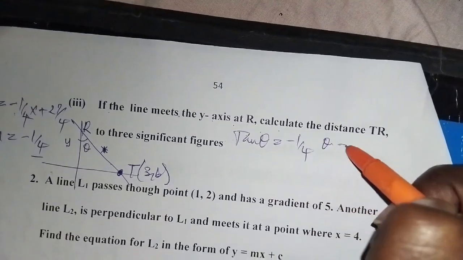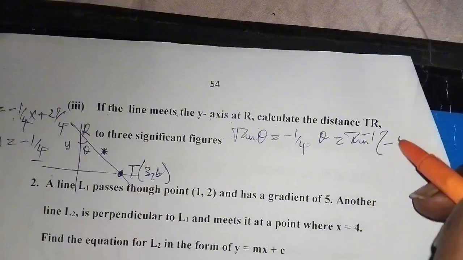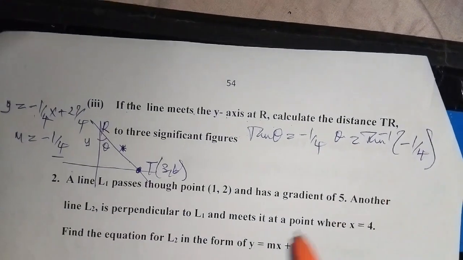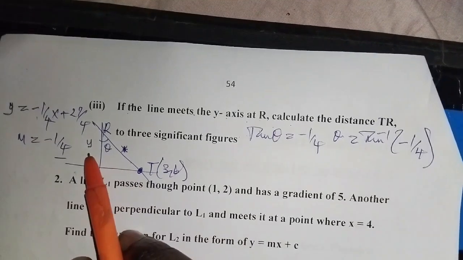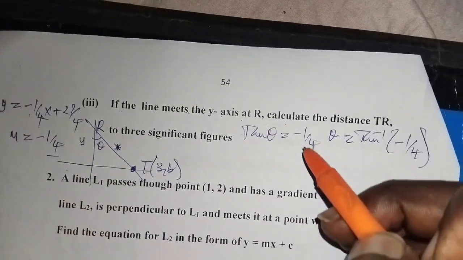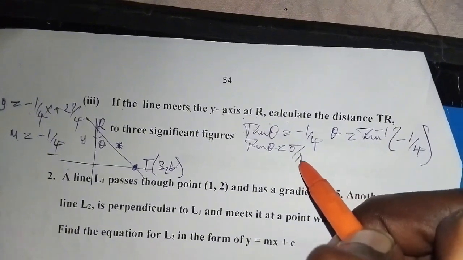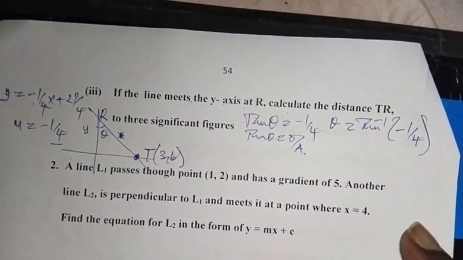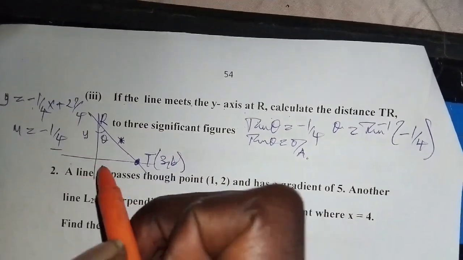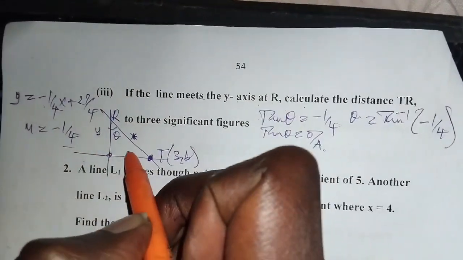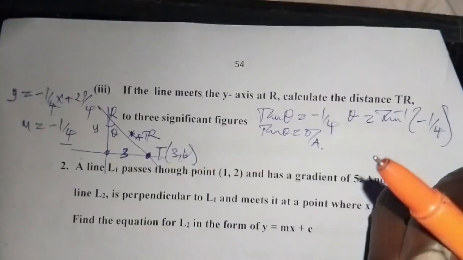So if you want to get that angle, it will be the tan inverse of negative 1 over 4, because we know that gradient is change in y over change in x, which is the same as opposite over adjacent. So if you get the angle theta, then we can use this side, which is 3 units, then we want this side TR.